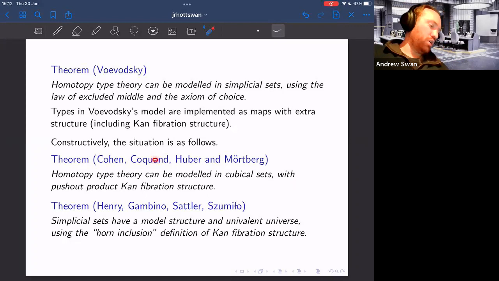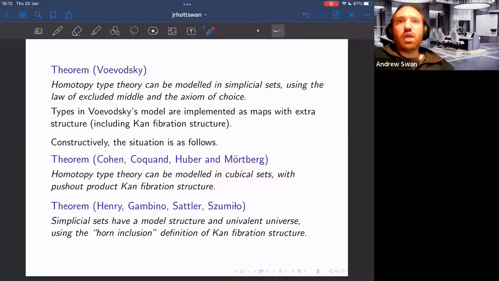So this is Cohen, Coquand, Huber, and Mörtberg. Here they define a notion of Kan fibration structure, and we can think of this as based on the pushout product definition of Kan fibration, but not in simplicial sets. Instead it's in a different presheaf category called cubical sets.